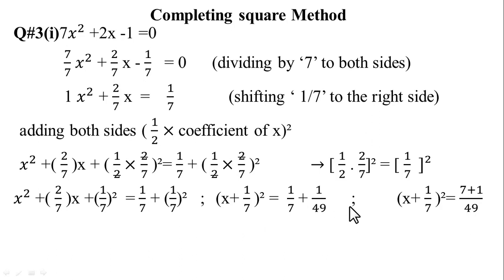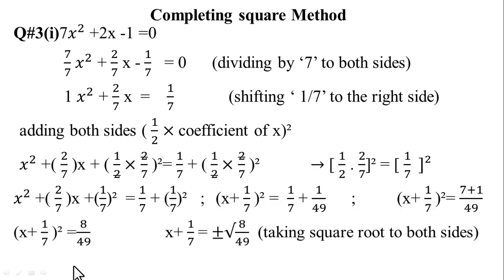This implies that x plus 1 upon 7 whole square is equal to, taking the LCM of the terms, 49. So 7 plus 1 upon 49. 7 plus 1 is equal to 8. So we write it in the form x plus 1 upon 7 whole square is equal to 8 upon 49.